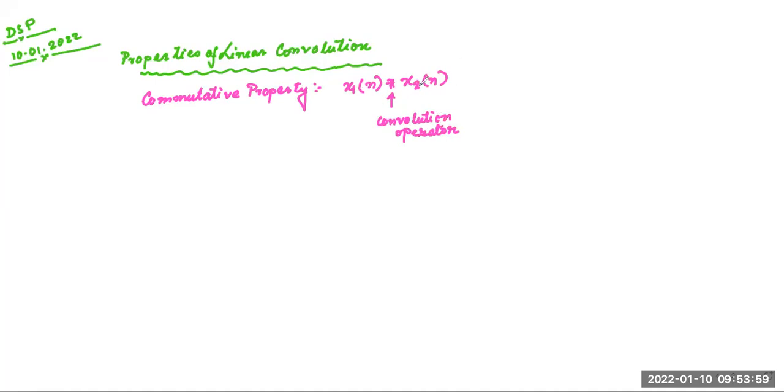Then we will get x2 n convoluted with x1 n. This is not vice versa. Because actually, what does it mean?